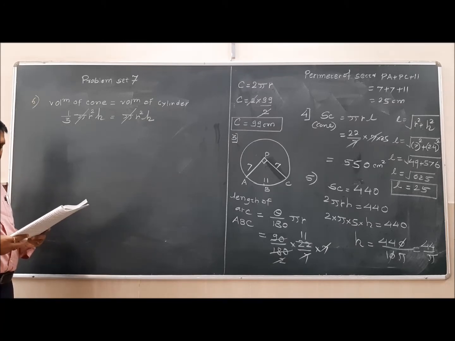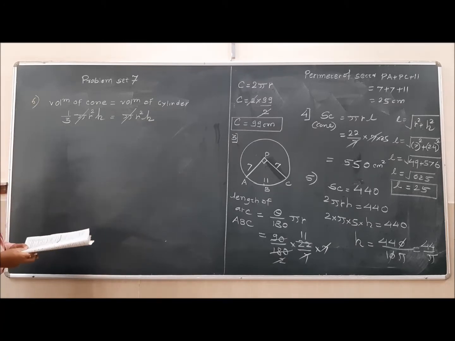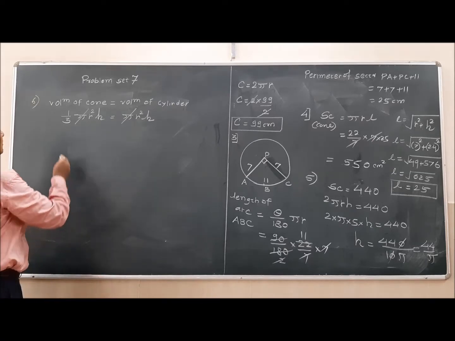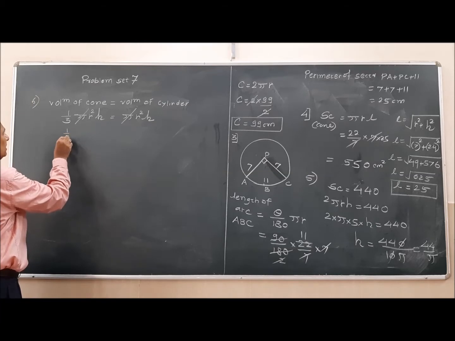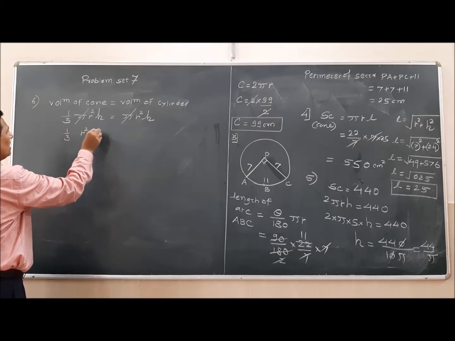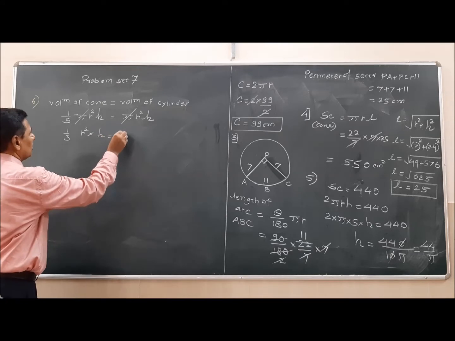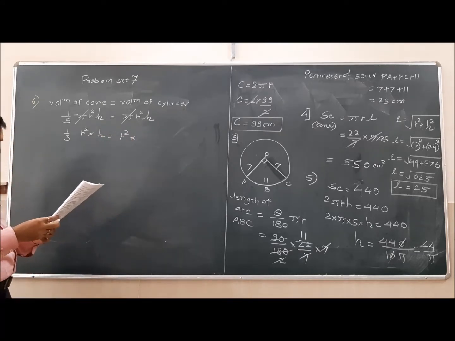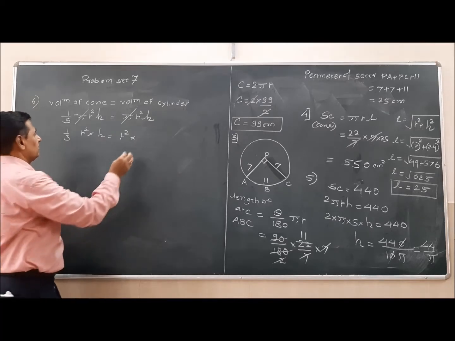If the height of cylinder is 5 centimeter, then we have 1 upon 3 r square into h is equal to r square, and height of the cylinder is given as 5.